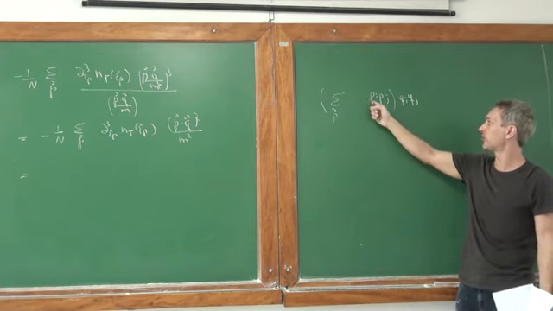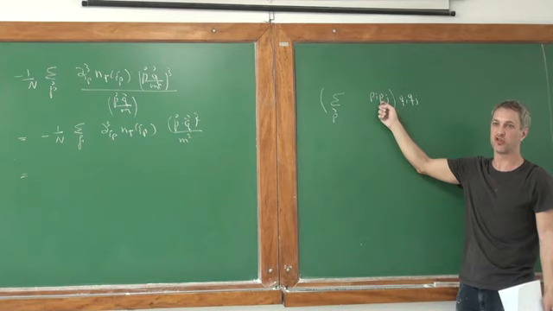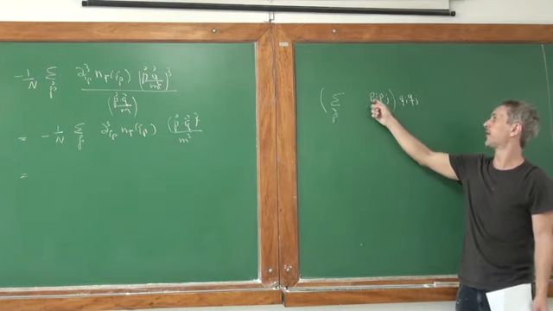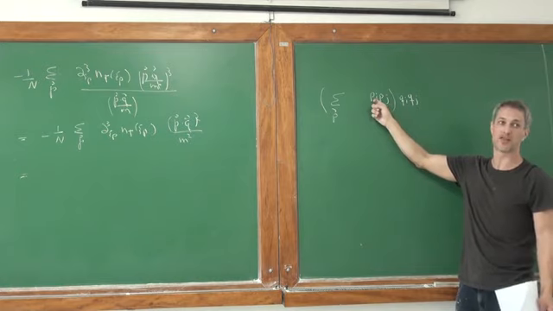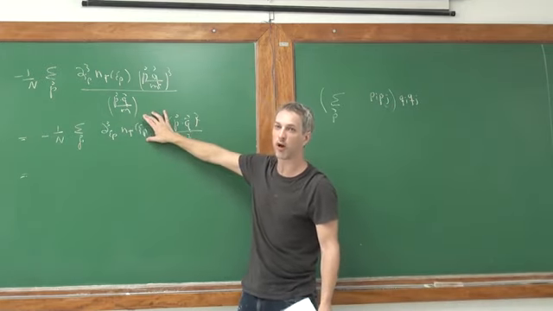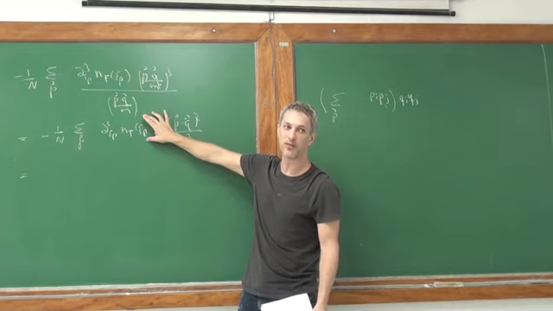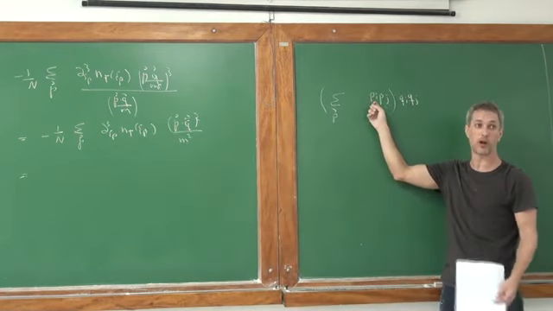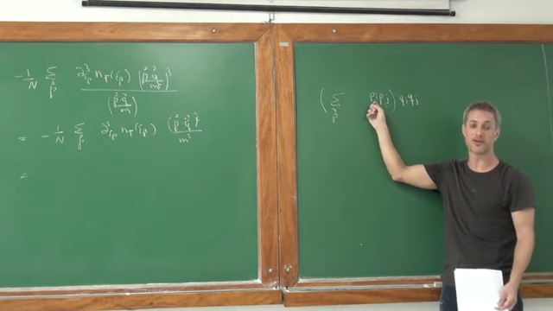So this only contributes if i equals j. If i equals j, this would be, for example, px squared, or py squared, or pz squared. The remaining function depends only on the modulus of p. If this is completely isotropic, px squared, py squared and pz squared will all give the same value.